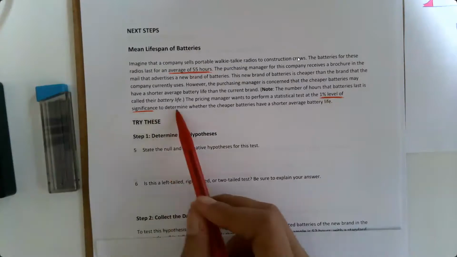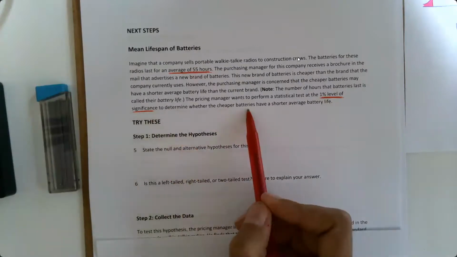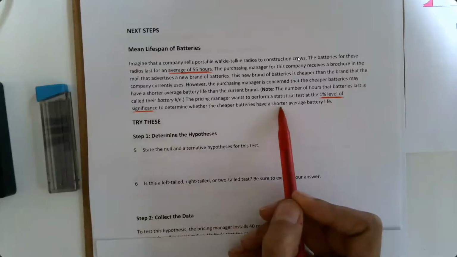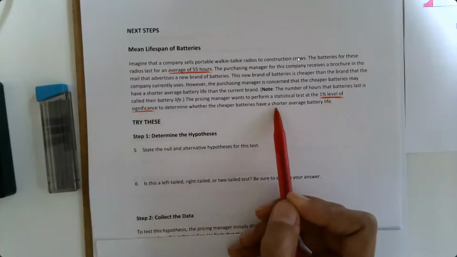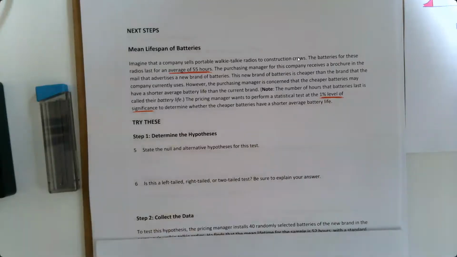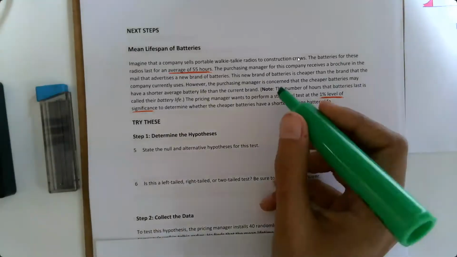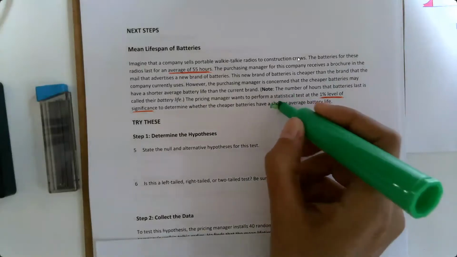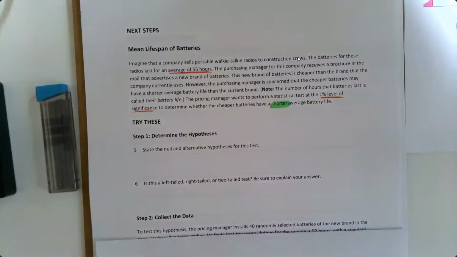To determine whether the cheaper batteries have a shorter, smaller average battery life. Okay, the keyword, I found my keyword. Do they have a shorter or smaller average battery life?